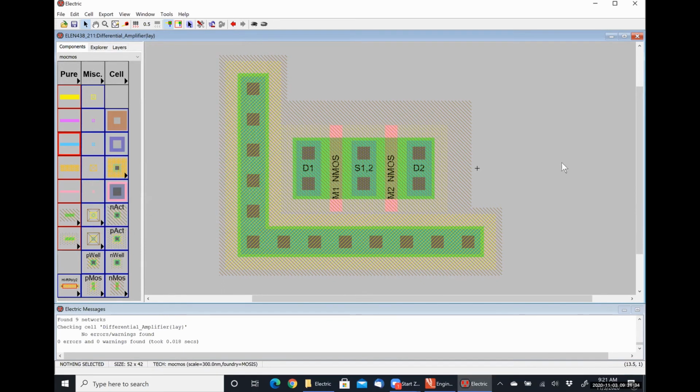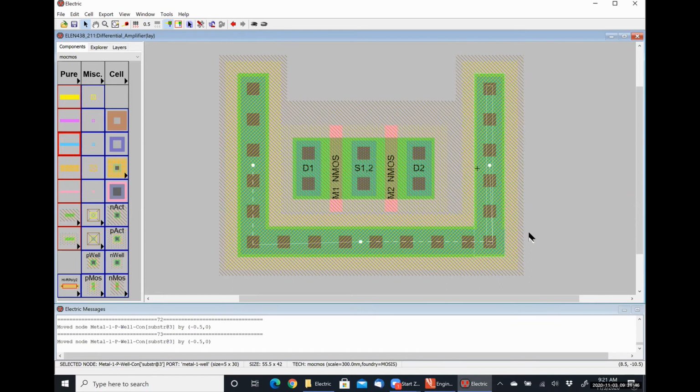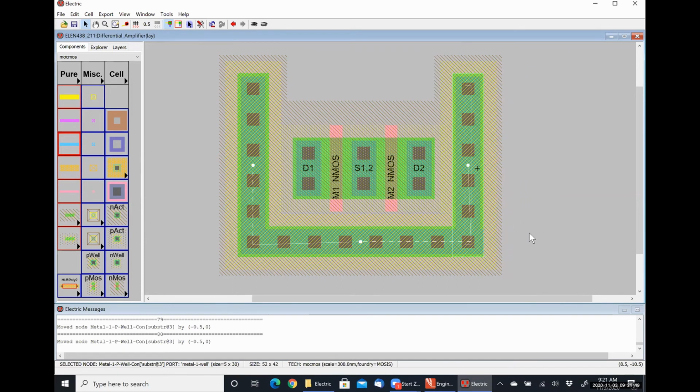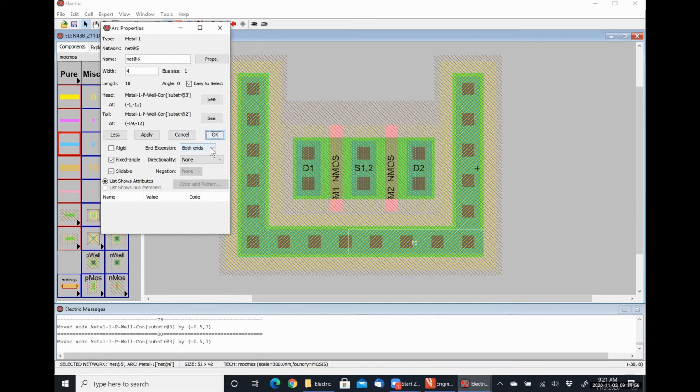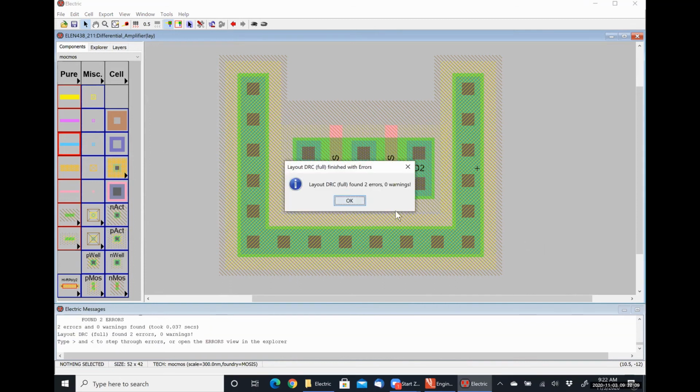Copy and paste. And what I'm doing when I go over here and change the extensions to neither end is I'm just getting rid of a little bit of excess metal that was unnecessary. 2 errors.